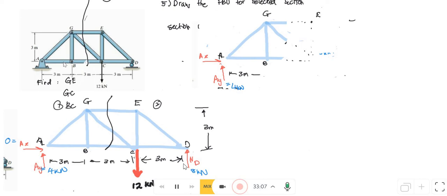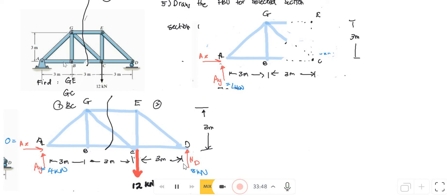This is the height, we know that this is 3 meter, and this is point C, 3 meter. For your information, we don't put the 12 kilonewton because we cut this member and chose section 1. You can see that 12 kilonewton is not part of section 1, it's a part of section 2. So just leave it as here, we have a 4 kilonewton, GE, GC, and BC.